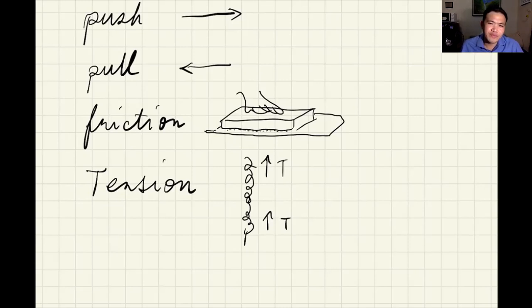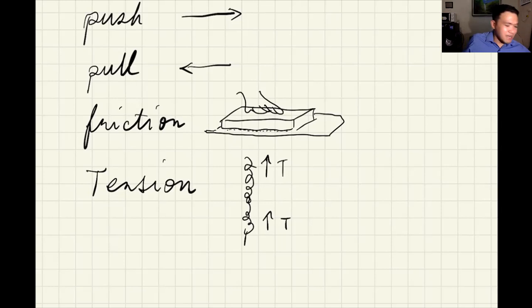I am holding a book. And of course, the book has weight. So I am supporting the weight of that book, right? I am applying a force upward to counteract the weight of this book. If there's no supporting force, then the book will fall.